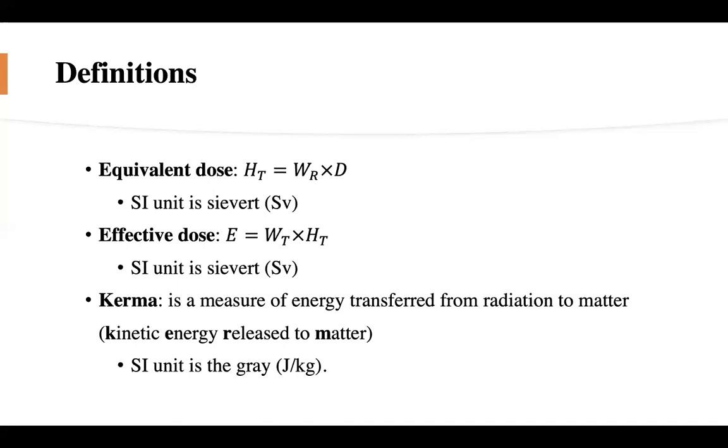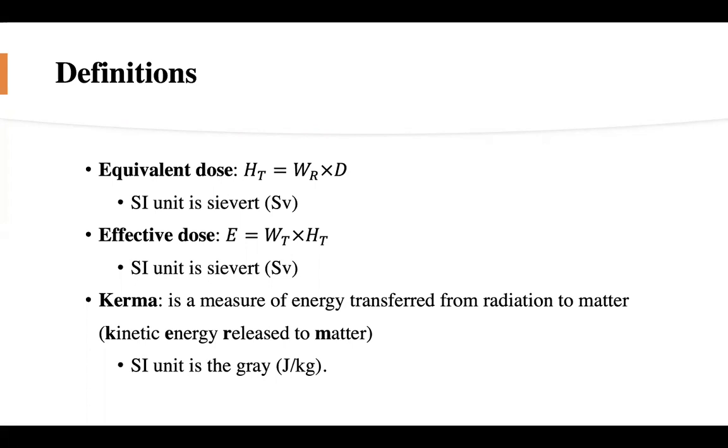That's why we need equivalent dose, to take into account the type of radiation, because the effect of neutrons or alpha will be 20 times higher than the ionization caused by X-rays. So the absorbed dose times the weighting factor of the different radiation produces a new unit. We call it equivalent dose, and the SI unit is the Sievert.